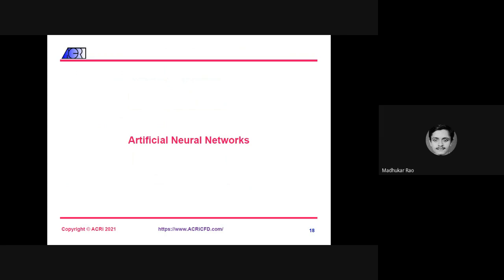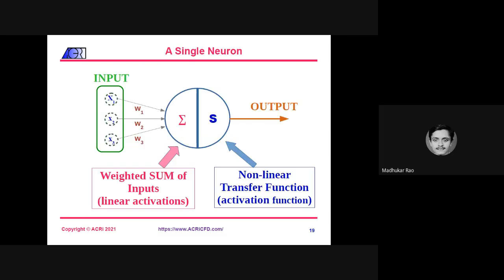Now I will get to artificial neural networks. This basically complements what Dr. Murali started off with. Let us now just look at a single neuron and the mathematical model behind it.